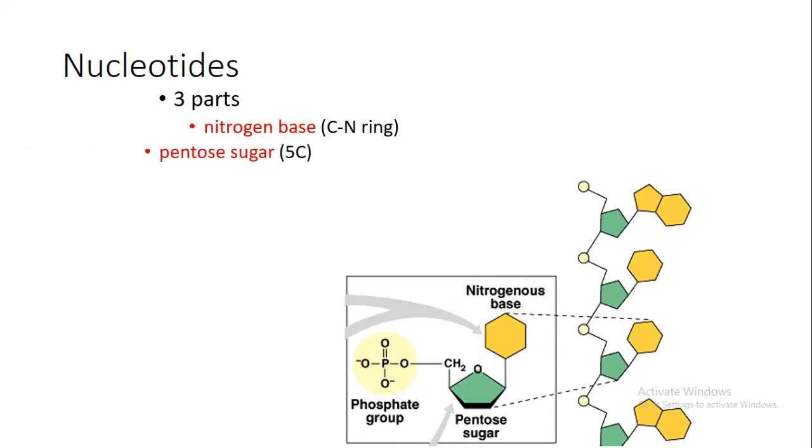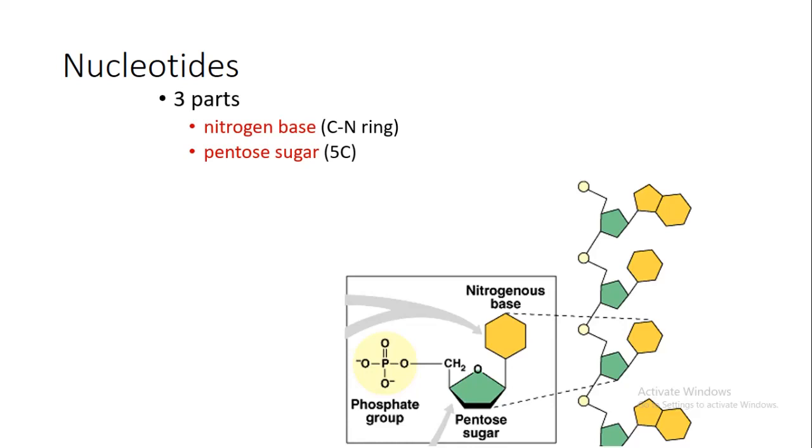The other component of the nucleotide is the pentose sugar. This sugar is a 5-ring structure.